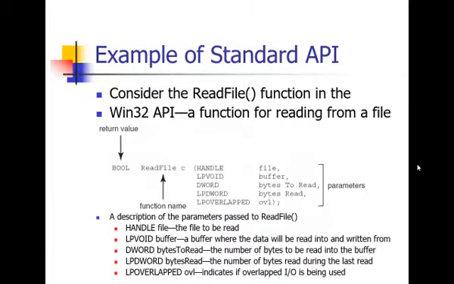So the API provides different ways for the application programs to use the system calls. So this is one particular example of a system call, right? So you can see there are certain parameters we need to consider.